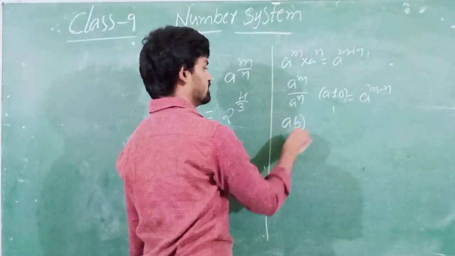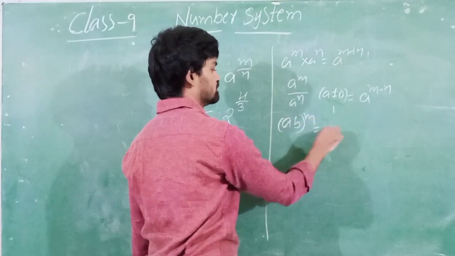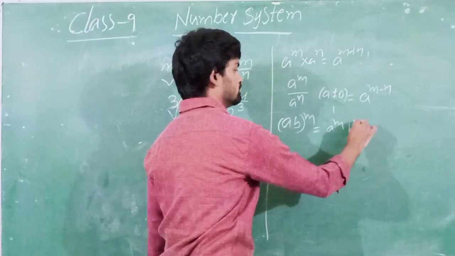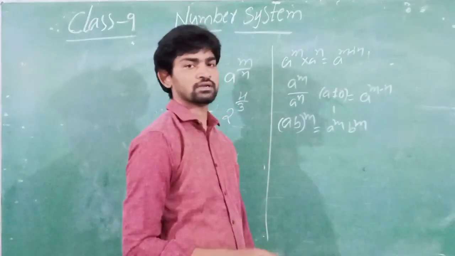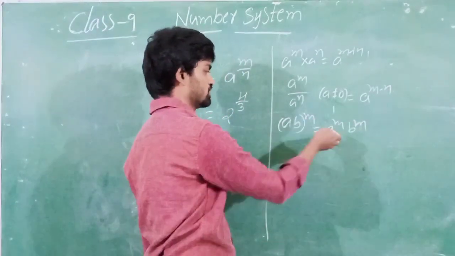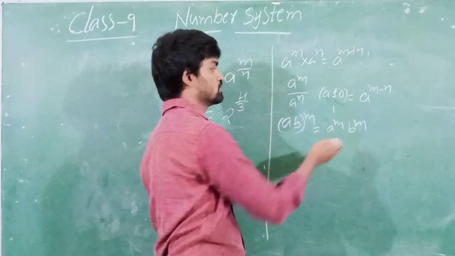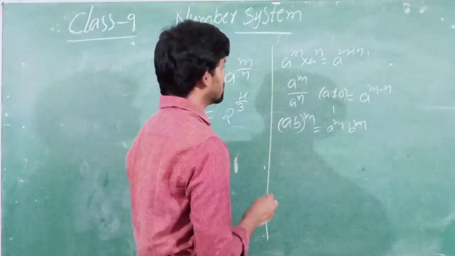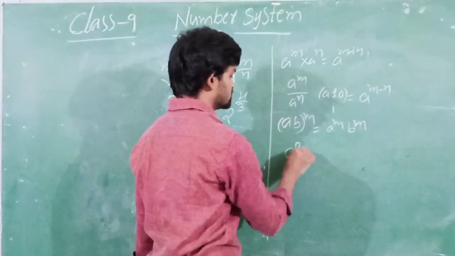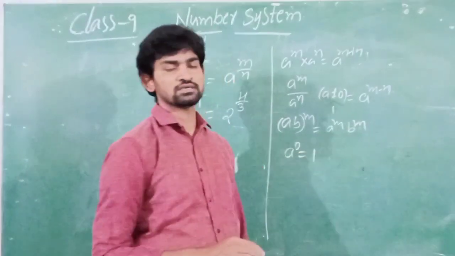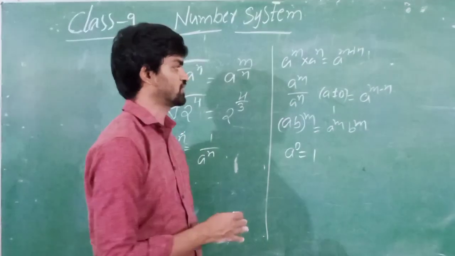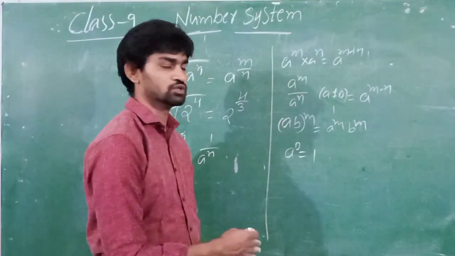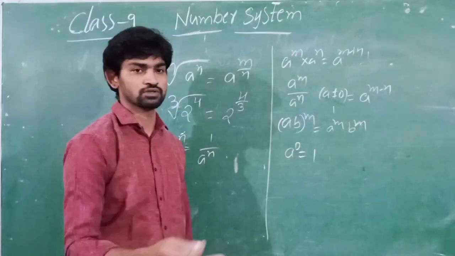And ab whole power m can be written as a power m into b power m. A power 0 is always 1. These are the laws of exponents given in the book, and you can use these properties to solve those questions.